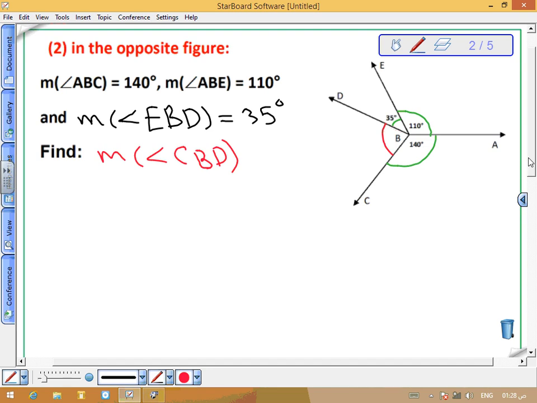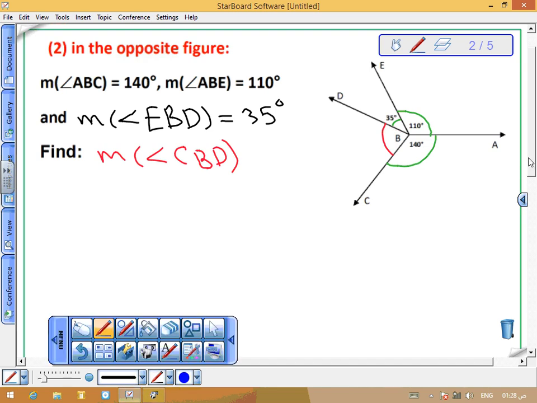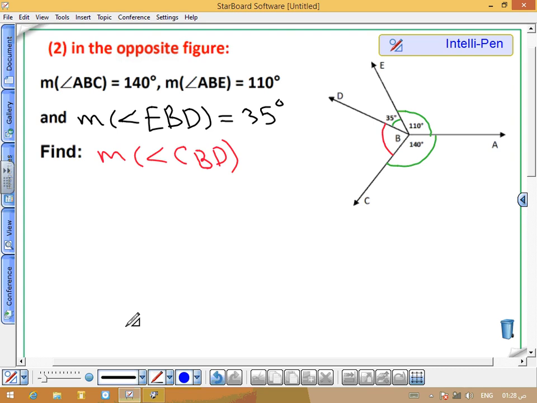First, draw a line like that. Start by writing what the given.